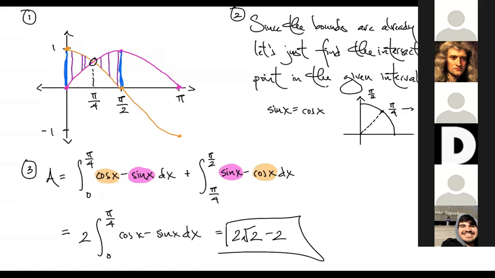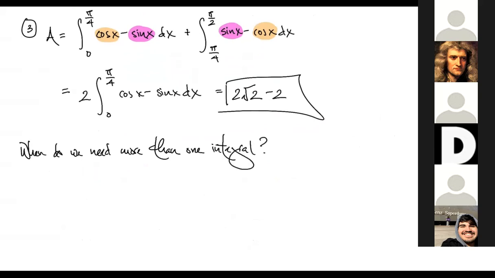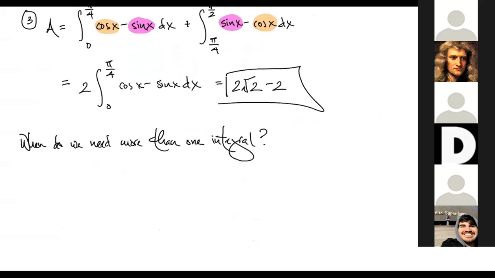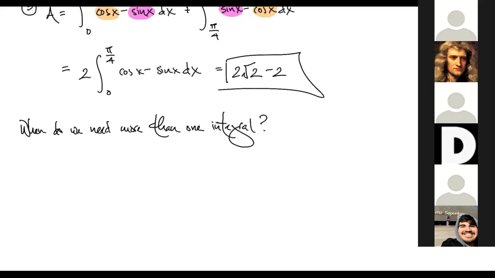All right. So maybe as a general statement, let's draw a picture of when we need more than one integral. Great question. So when do we need more than one integral?